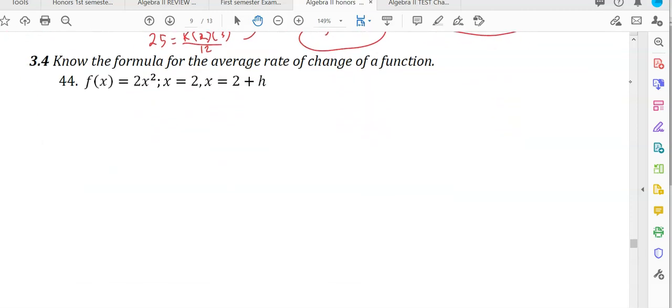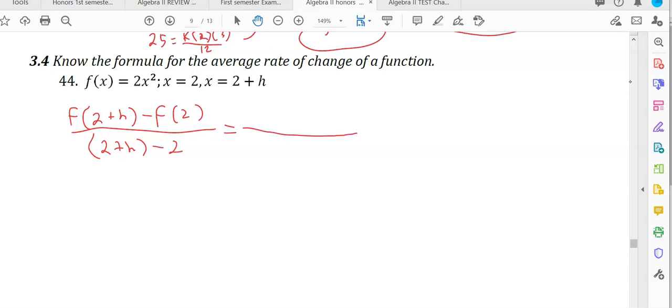Now the formula for average rate of change of a function. So this is going to be f of b minus f of a. So f of 2 plus h minus f of 2 over 2 plus h minus 2. So let's plug it in.